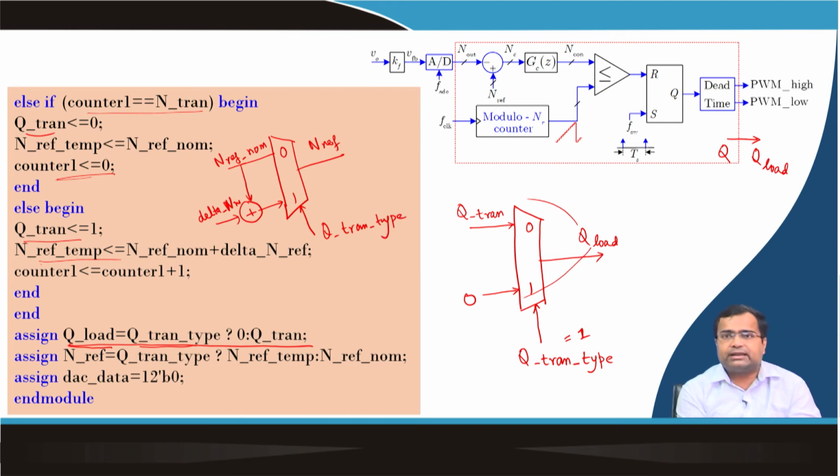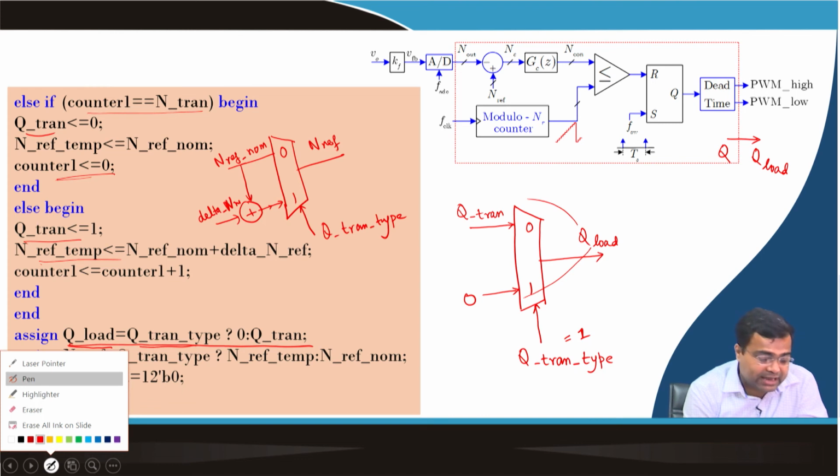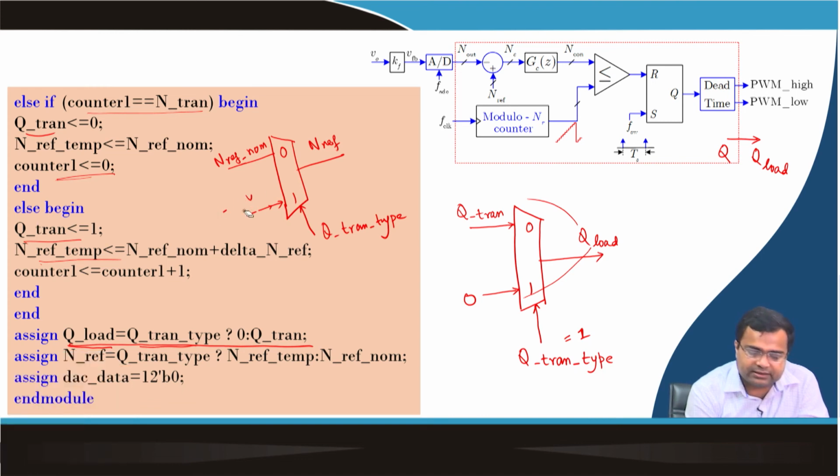So, if Q tran type is 0, the reference voltage will be fixed. If the Q tran type is 1, then there is another layer, which is Q tran temp, that means it will be n ref temp.